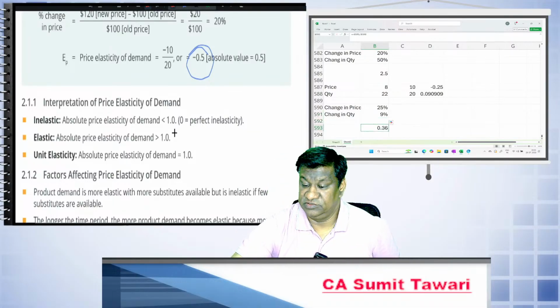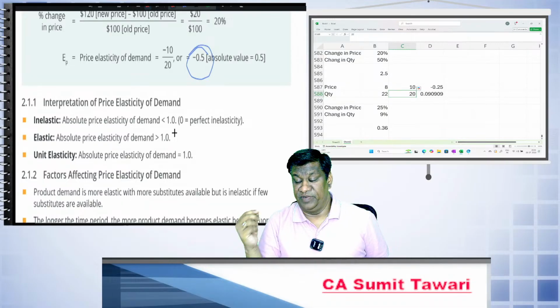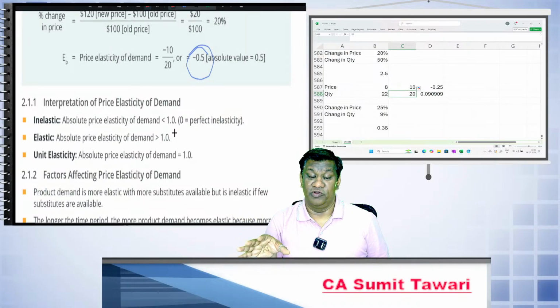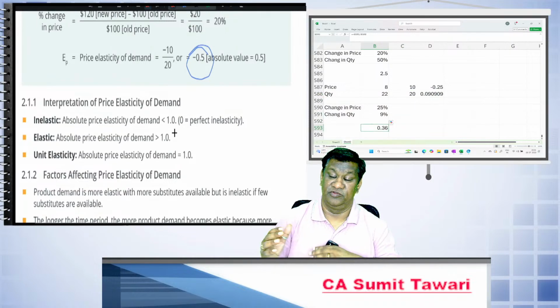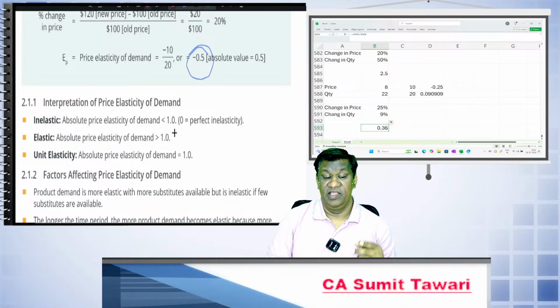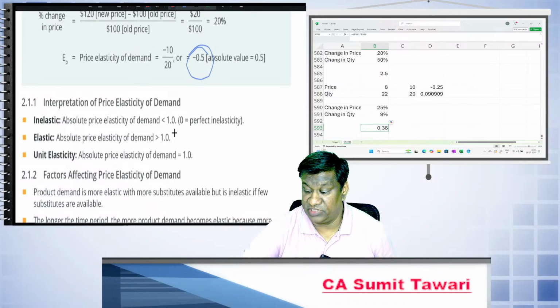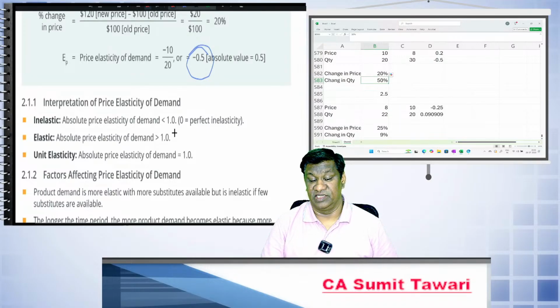Okay, so in that situation, what happened? The prices increase by 25%, still quantity decreases by only 9%. If you consider the example of a medical drug, even though prices increase sharply, it will not affect the quantity much. So it is less than 1, that means inelastic. Even though there are changes in prices, it will not affect the quantity demanded much. And the same way, if it is more than 1, a slight increase in prices may affect the quantity demanded aggressively. So that is basically elastic.